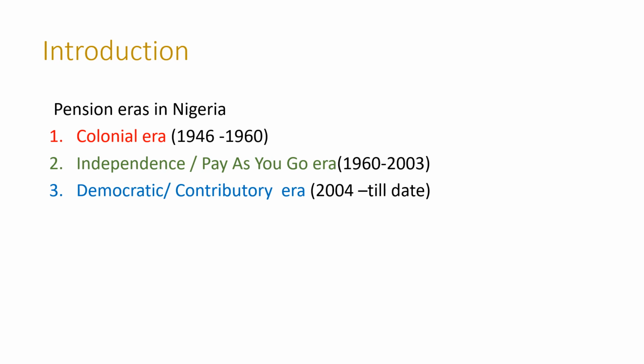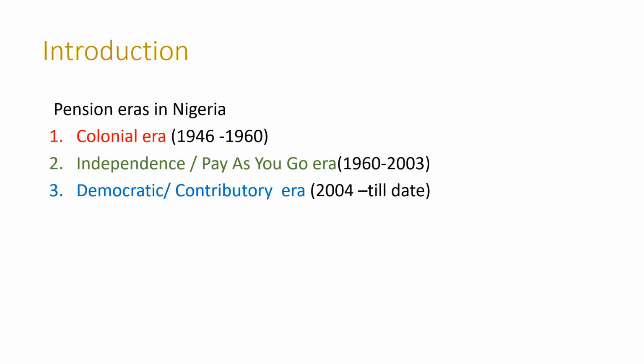Until June 2004, Nigeria operated, particularly in the public sector, a program known as the Defined Benefit Pension Scheme, which was largely unfunded and non-contributory. It defines the benefit of a retiree, determined by a formula that took into consideration the retiree's salary, years of employment, retirement age, or years in the service of the company, and so on.